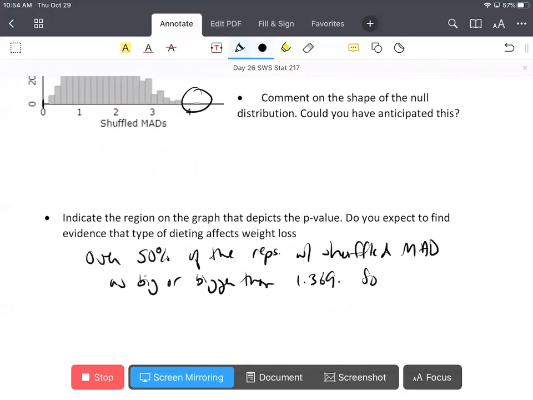So no evidence that type of diet affects weight loss.